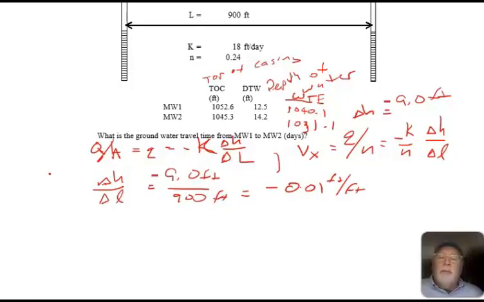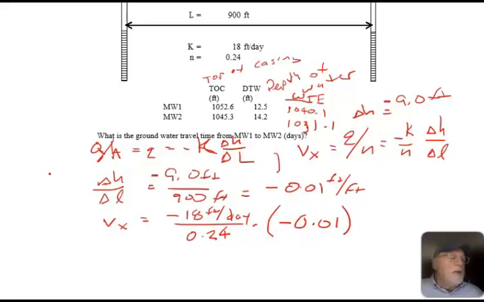It's actually negative 0.01 in the direction of flow. So I can plug that into my equation. So Vx equals minus K, which is given at 18 feet per day. I need the porosity in the denominator there, 0.24. And this equation here times our hydraulic gradient of negative 0.01.